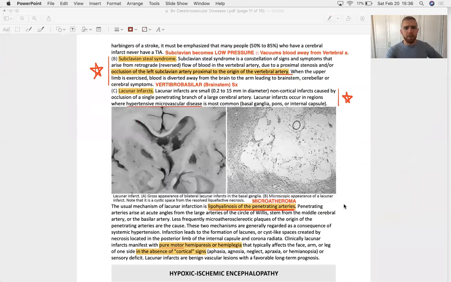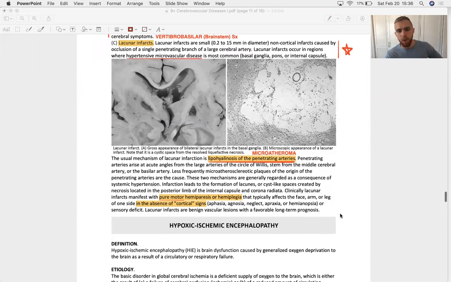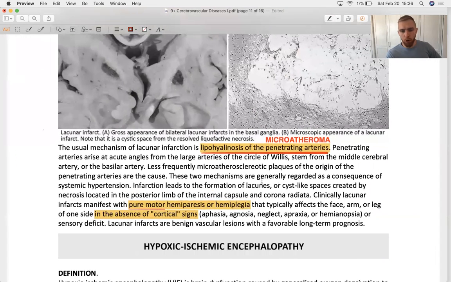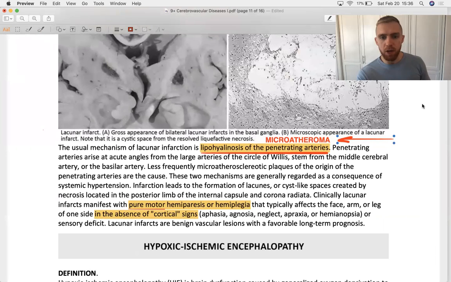Back to the SDL. What you might see is the word microatheroma thrown around. And that's because we think these microatheromas are most important, numero uno, in causing lacunar strokes.